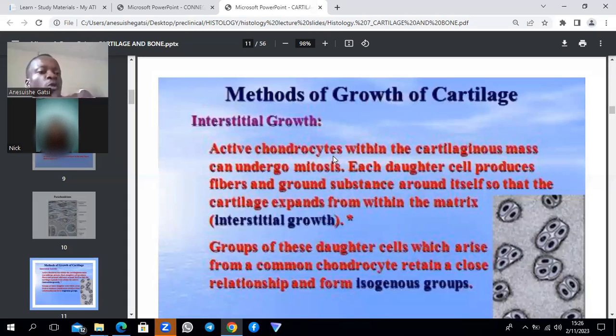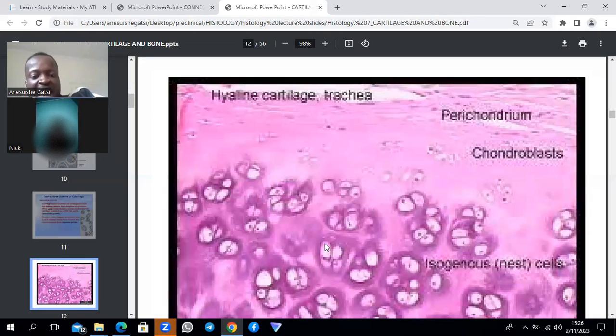During interstitial growth, a single group of cells that are coming from a common chondrocyte after mitosis create something called an isogenous group. So this is just a cell with its various daughter cells following mitosis. These are isogenous aggregates.